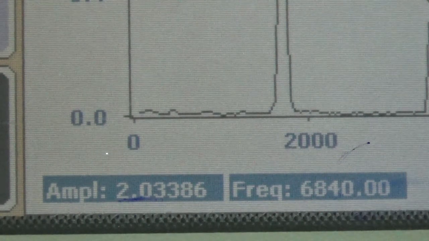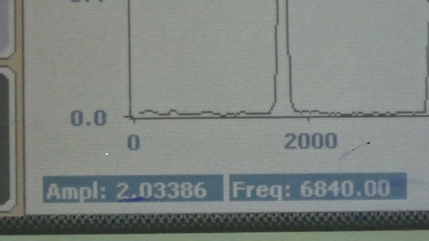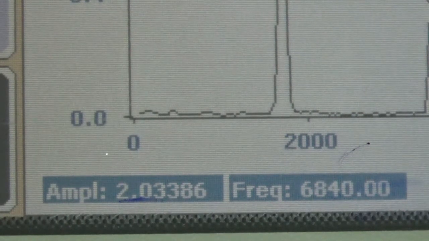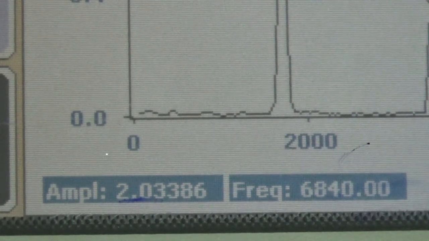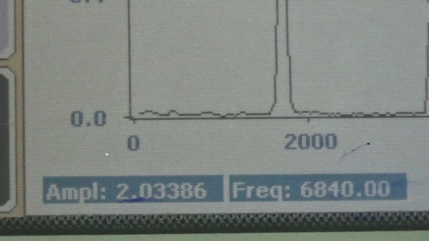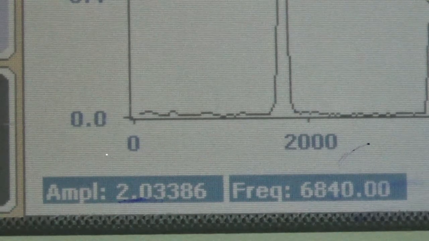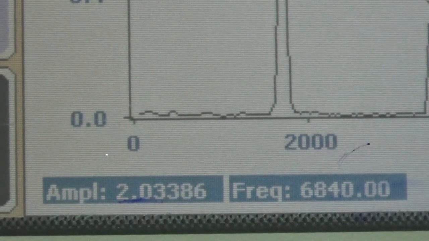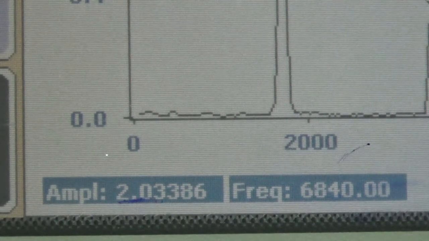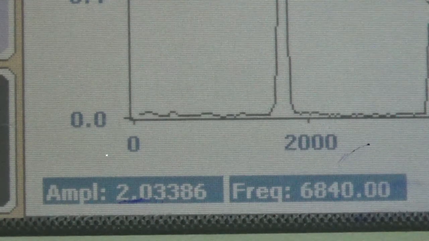So amplitude is 2.03 microns, and before, the amplitude was how much? Before, the amplitude was I think less than 1. So now the amplitude is more. Before the amplitude was 0.97 microns, and now it is 2.03.